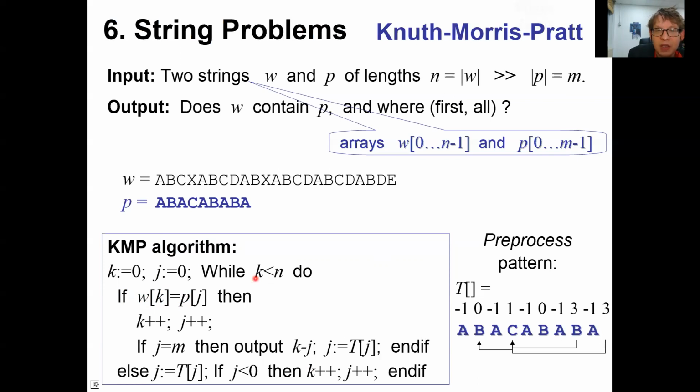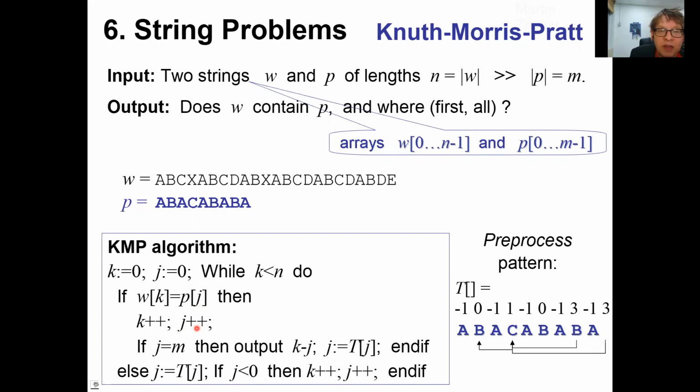The inner loop starts in the same way as previously: check whether the symbols agree. Well, not the first symbols, but the J-th symbol in the pattern. That's the thing: where do we resume searching in the pattern? This is the index in the pattern where we start over. If they agree, then increment both indices, in the search string and in the pattern.